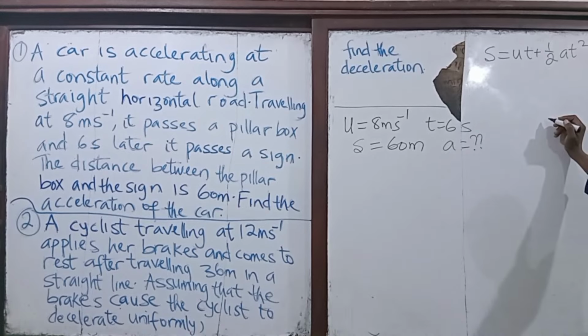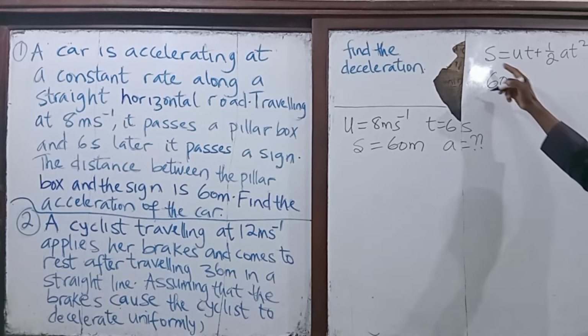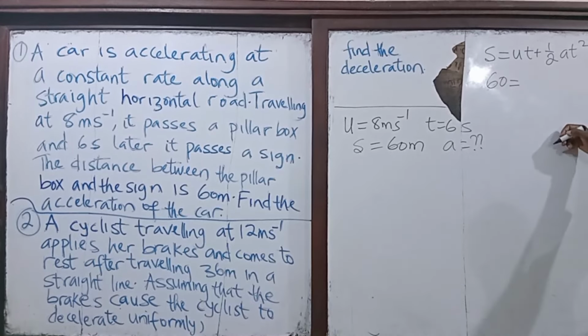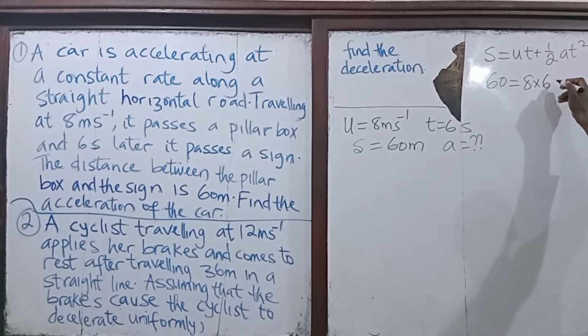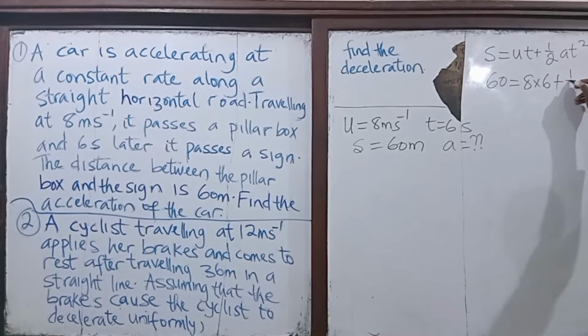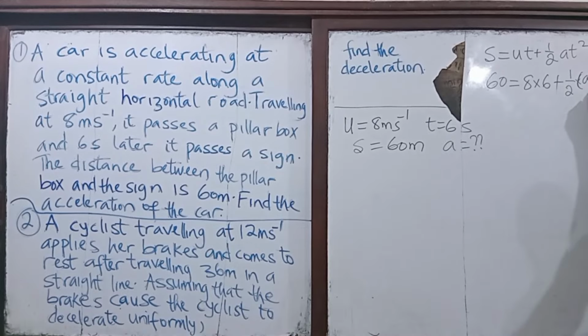So this will be equal to what? The distance is 60. u is 8 times 6 plus half a, I don't know the value of a, but my time is 6 squared.